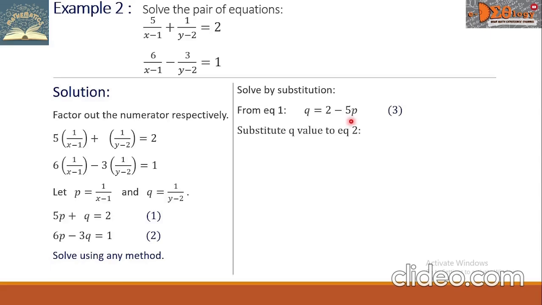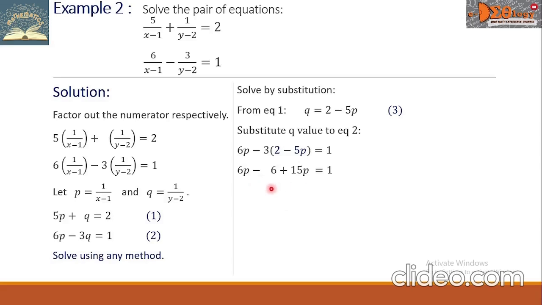Then we substitute this q value to equation 2. Equation 2 is 6p minus 3q equals 1. So it becomes 6p minus 3 times the quantity 2 minus 5p equals 1. Simplifying the left side, it becomes 6p minus 6 plus 15p.